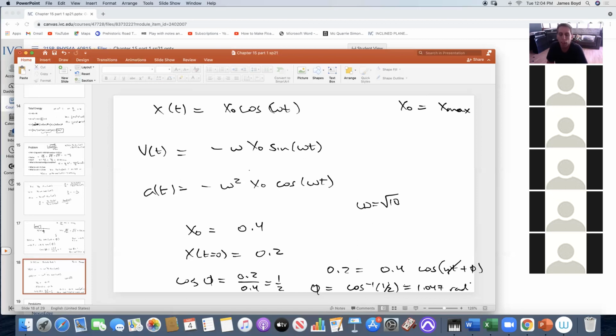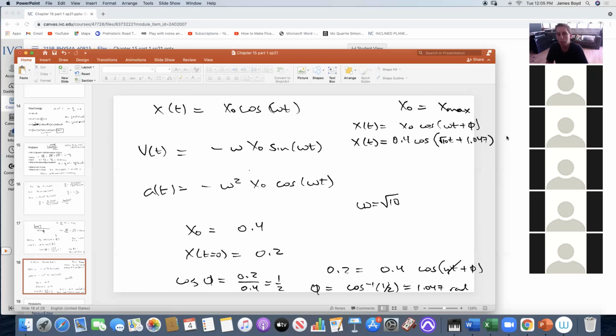Okay, that means x of t is x naught, which we said was 0.4, times cos of omega, which we said was square root of 10, times t, plus our phase. Actually, let me write it this way first: x naught cos(omega t plus 1.047).